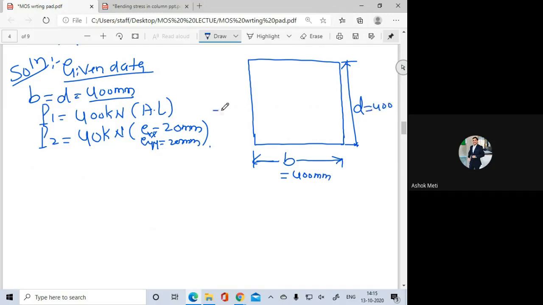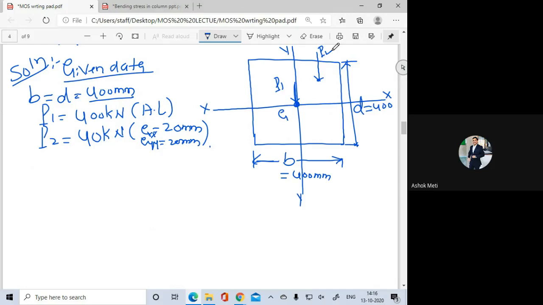Here it is the x-axis and here it is the y-axis. It is symmetrical about both x and y, and the centroid is exactly at the center point of the cross section. Here there is the P1 load and this is the P2 load.